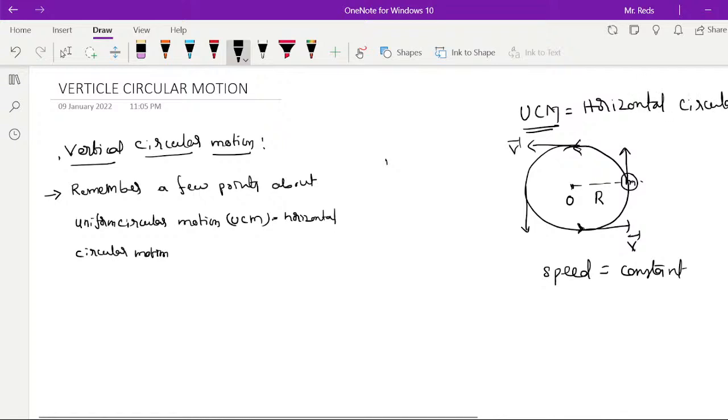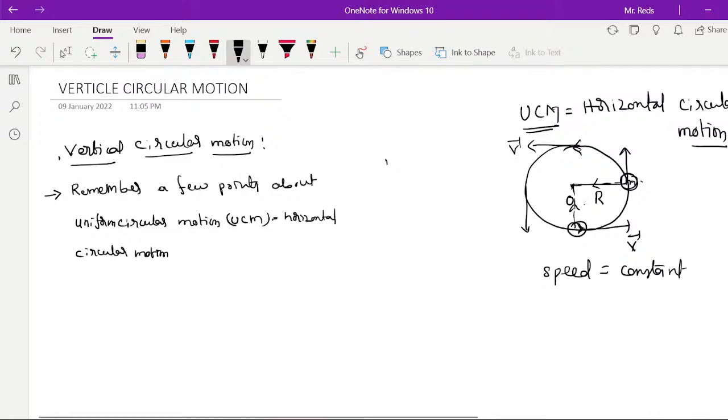For example, if you take a string, attach a small bob at one end and hold the other end with your hand and whirl it in a horizontal circular path, you try to maintain uniform speed. The string has mass m, and when it rotates in a horizontal circular path, tension develops.